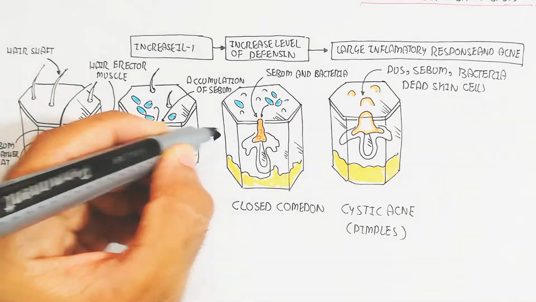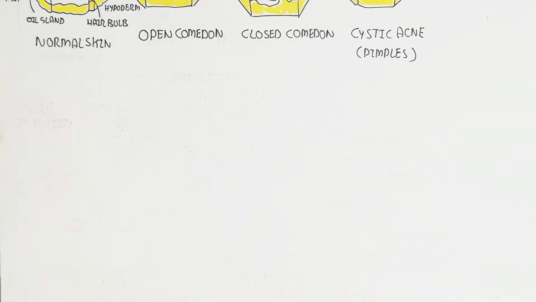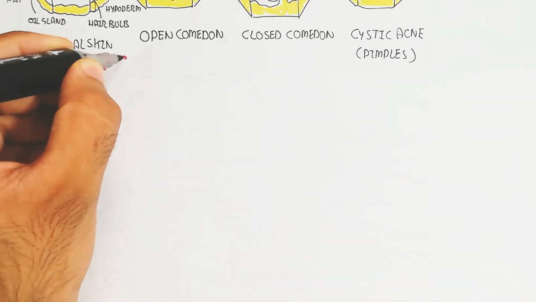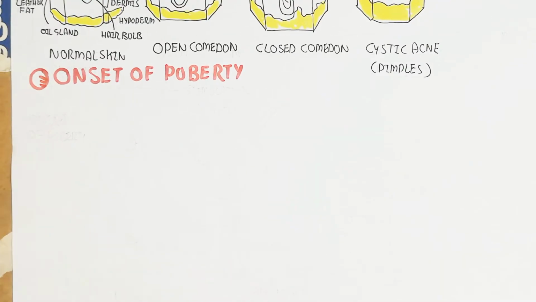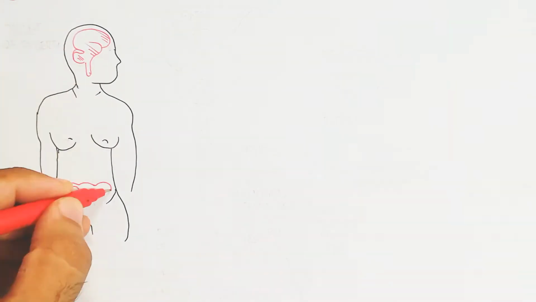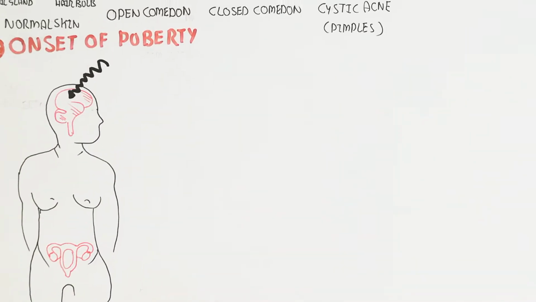That pus is due to the combating of the innate immune cells, which produce defensin, and the immune system is involved in the production of pus and sebum. So let's begin to understand the onset of puberty.